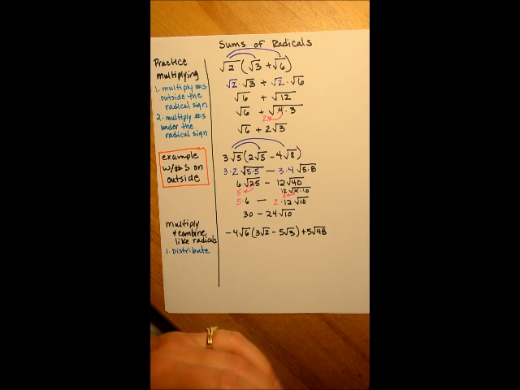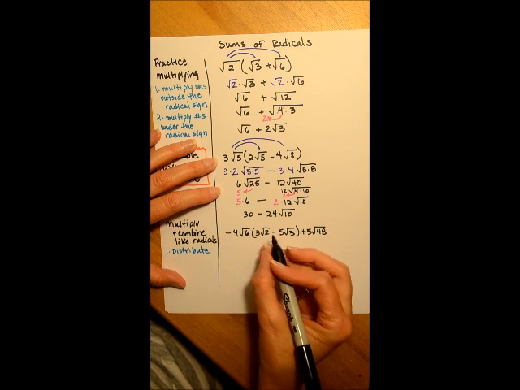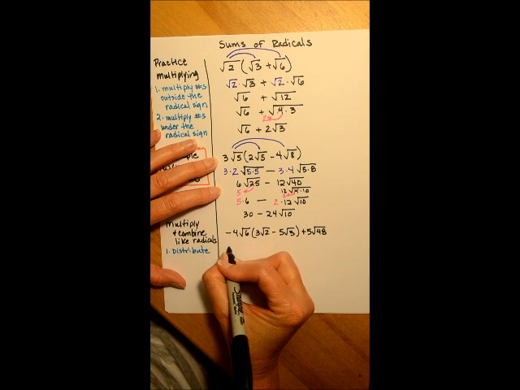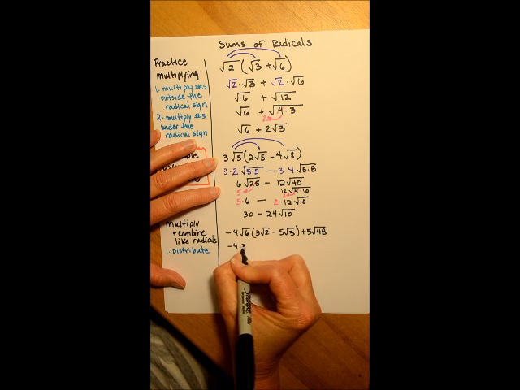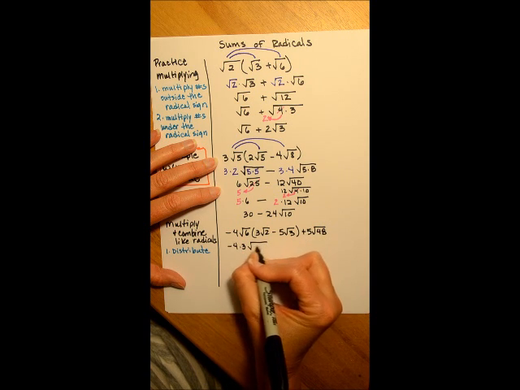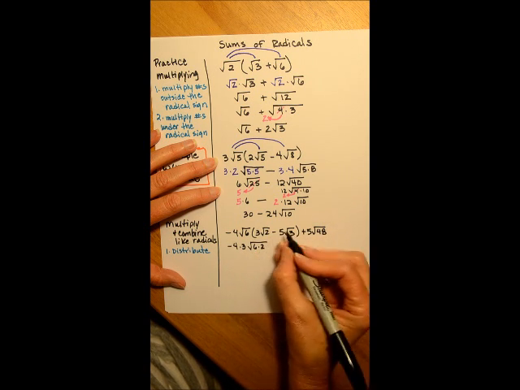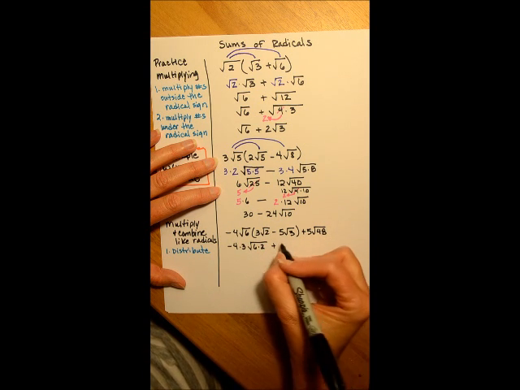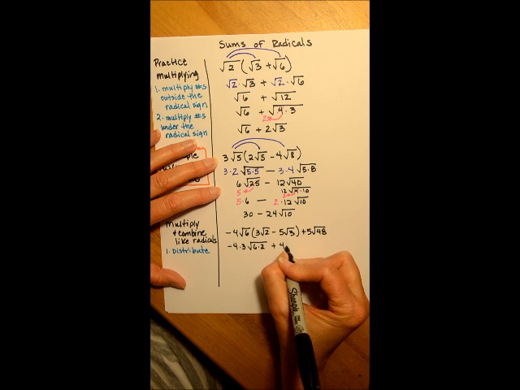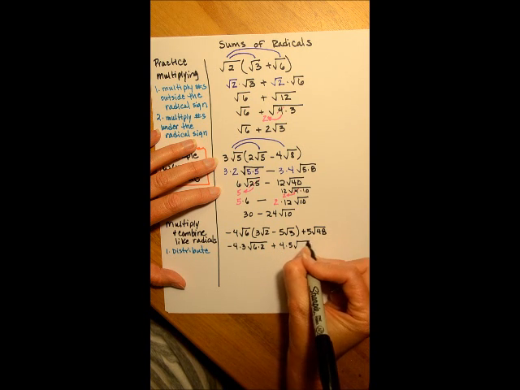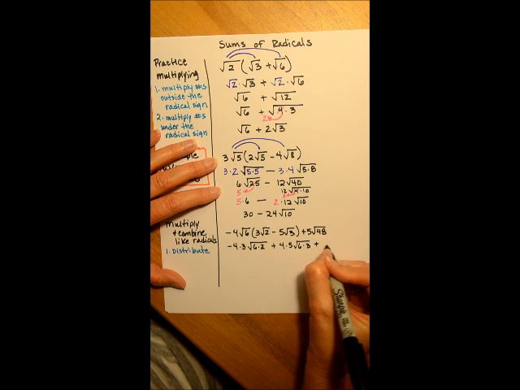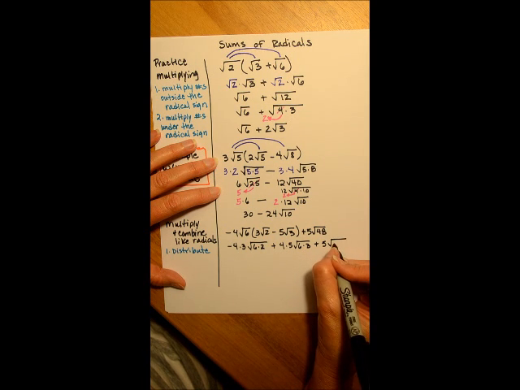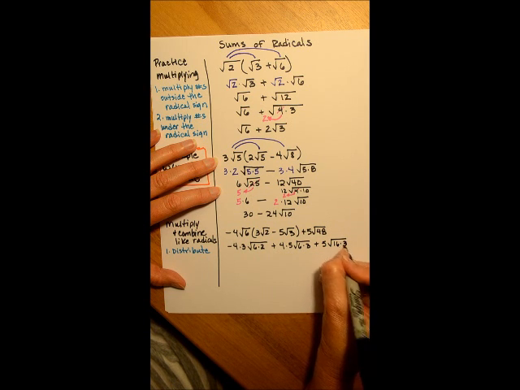Just like we did up here in these notes. Same thing. I'm going to distribute, and I'm not going to write it all pretty for you. So negative 4 times 3, those are the numbers on the outside, square root 6 times 2. Now I have a negative times a negative. That's going to give me a positive, so make sure you look for that. I have 4 times 5, square root 6 times 3, plus this 5 square root 48. What's that? 16 times 3, something like that.